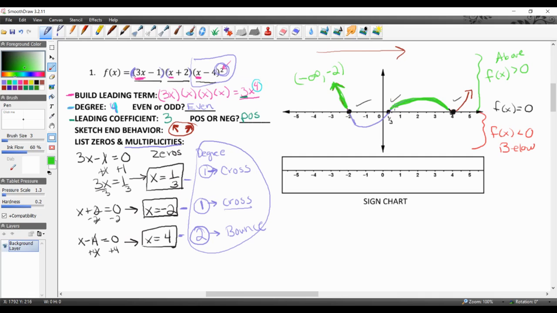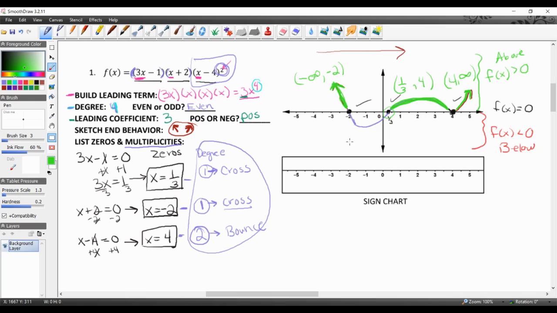So this piece is also above, and that's between 1/3, so right here, 1/3, and 4, so comma 4. And actually, oh, and this piece also. Yeah, this piece is also above. So we got to be a little bit careful here because yes, we know that the 4 is also kind of sort of on the line, but 4 is equal to 0. So we're just talking about greater than. So this would be 4 to infinity.